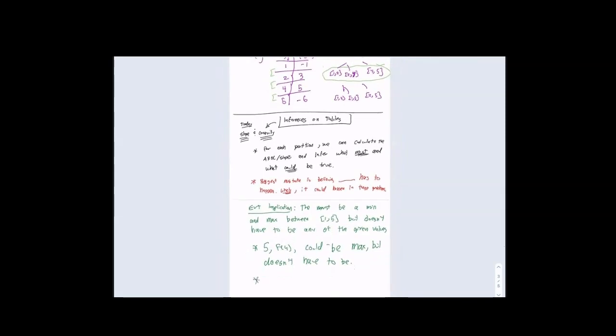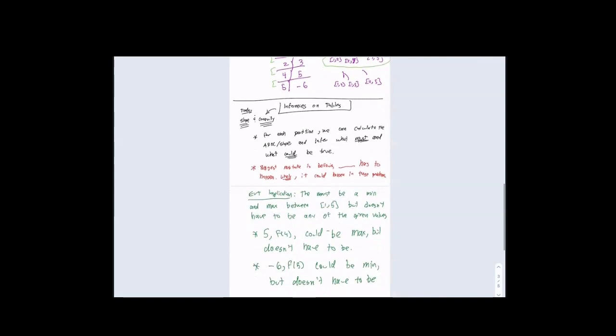Similarly, -6, which is f of 5, could be the min, but doesn't have to be. We don't know what happens for any of those other values that are not given in the table. This is not the candidates test. We do not know that those are the only places where the derivative is 0.